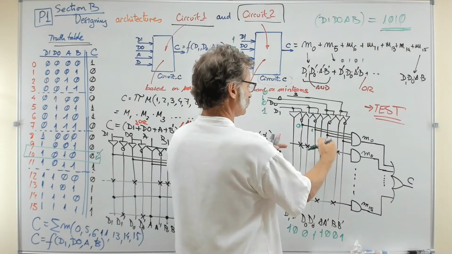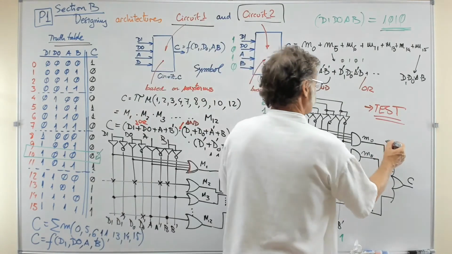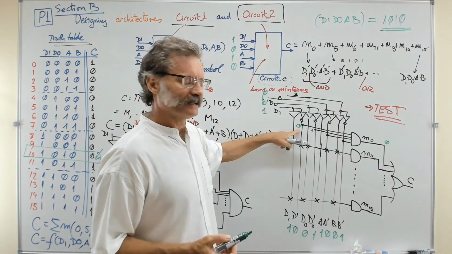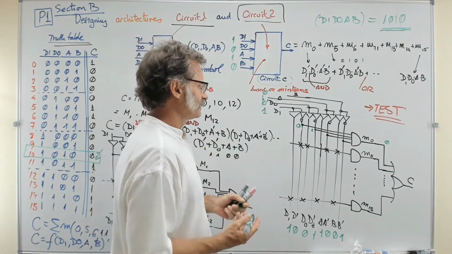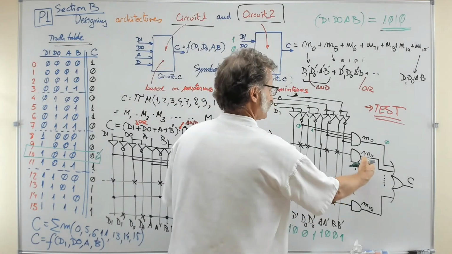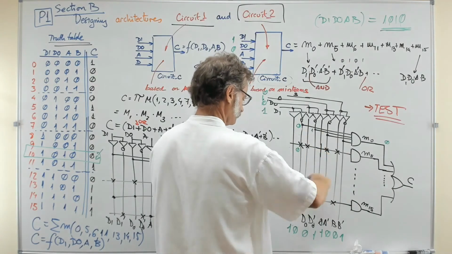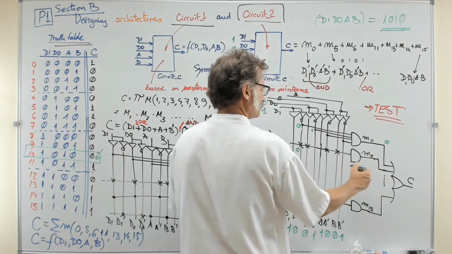You've got a 1 and something else, but doesn't matter. If this is 0, you already have a 0. 0 and anything else is a 0. This is a very simple way to test that. And then the M5, you see, if you have a 0 and you take it, like for generating the minterm 5, 0 is generating a 0.